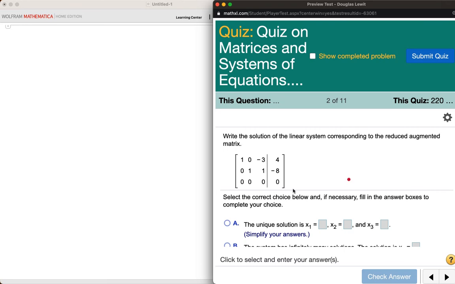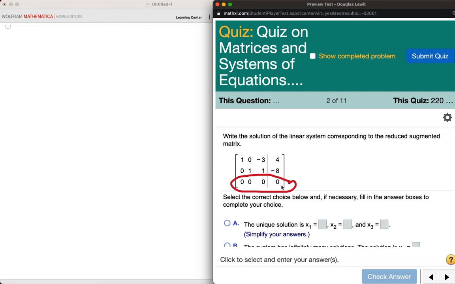This problem's a little bit more challenging. I can see here that I have a row of zeros at the bottom. That tells me that this system of equations has infinitely many solutions.